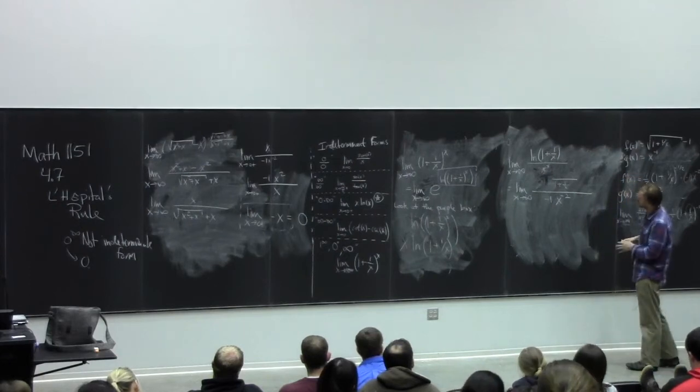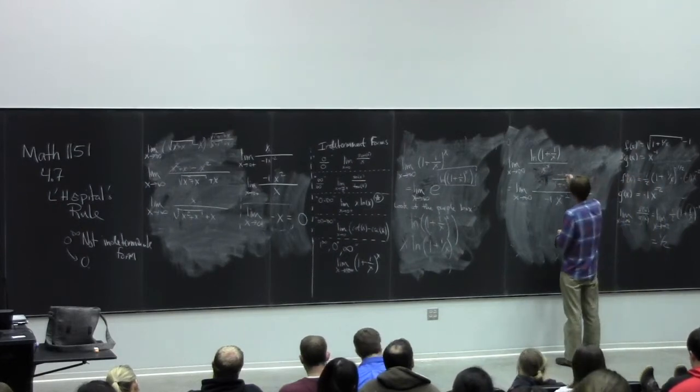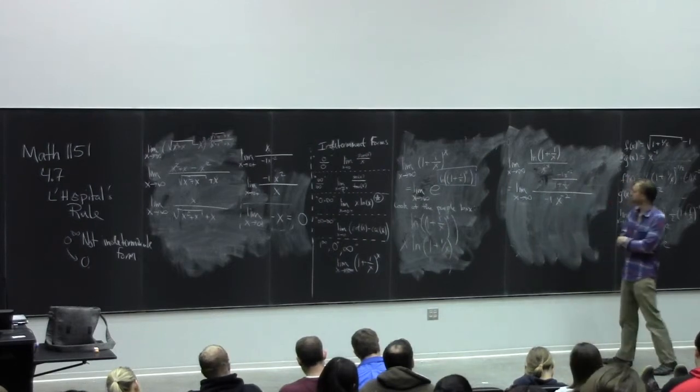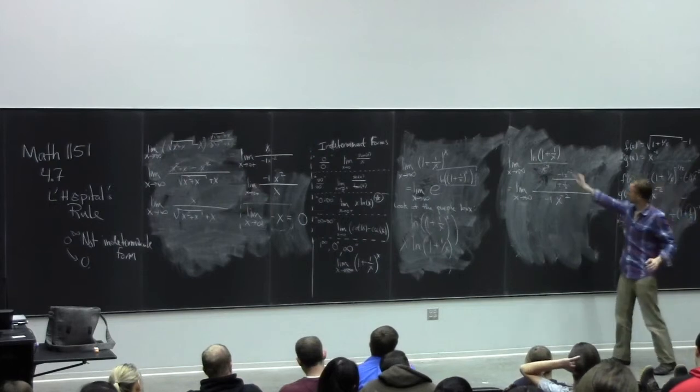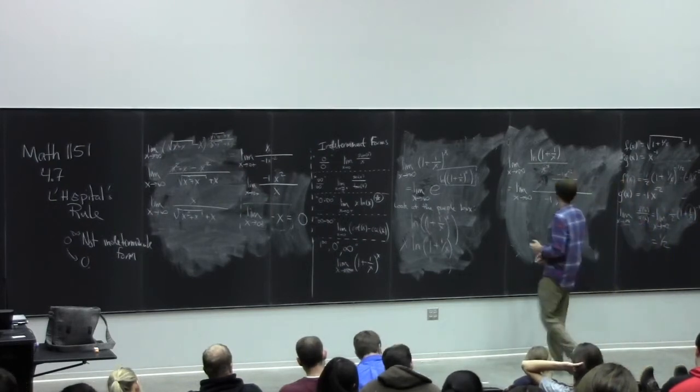We've been taking the derivative of 1 over x like a billion times. It's minus 1 times x to the minus 2. Oh, holy cow. These things are going to cancel, right?